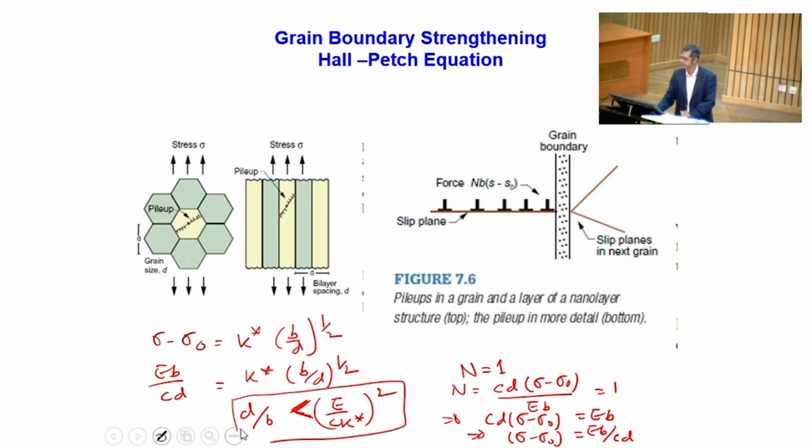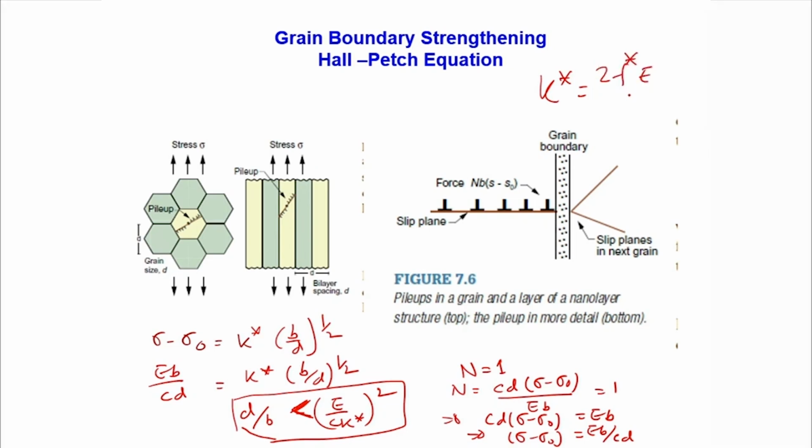Therefore, this equation will break down when this inequality is applied. It tells you that d, which is the grain size, divided by the Burgers vector must be less than the elastic modulus divided by the constant C multiplied by k star. k star is also a constant, you know, right? And you know the value of k star. What is the value of k star? k star is equal to 2 F star, where F star is the obstacle strength, divided by E C b to the power half.